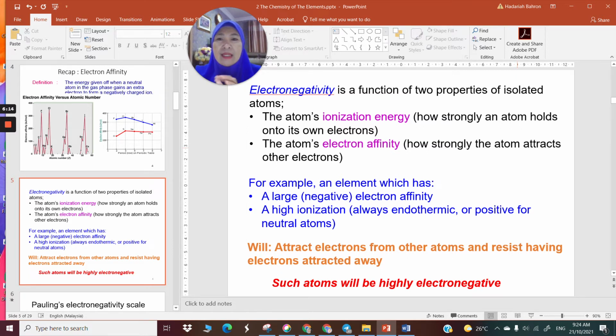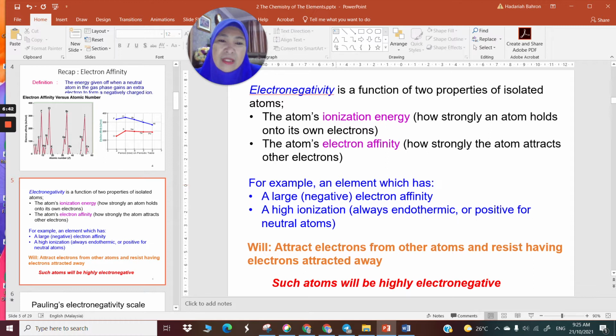So when an atom has a strong ability to hold its own electron, we say it has a high ionization energy. And when an atom has the ability to attract other electrons to itself, we say it has a high electron affinity. So electronegativity is a combination of ionization energy and electron affinity.